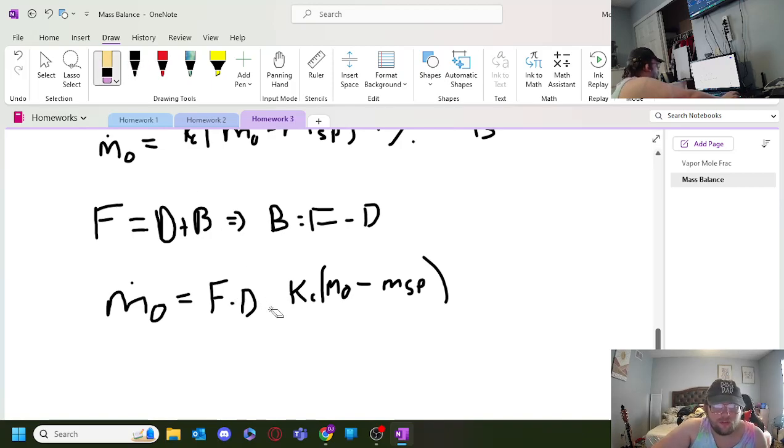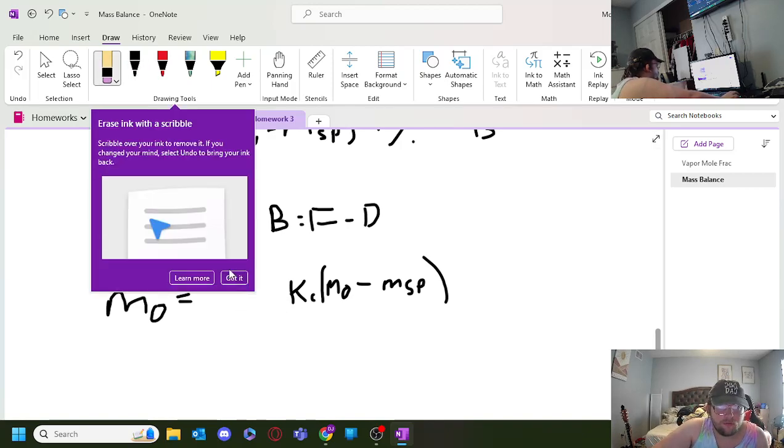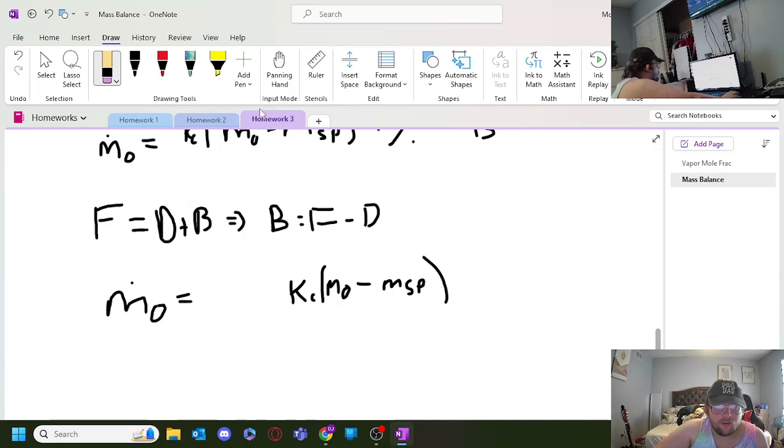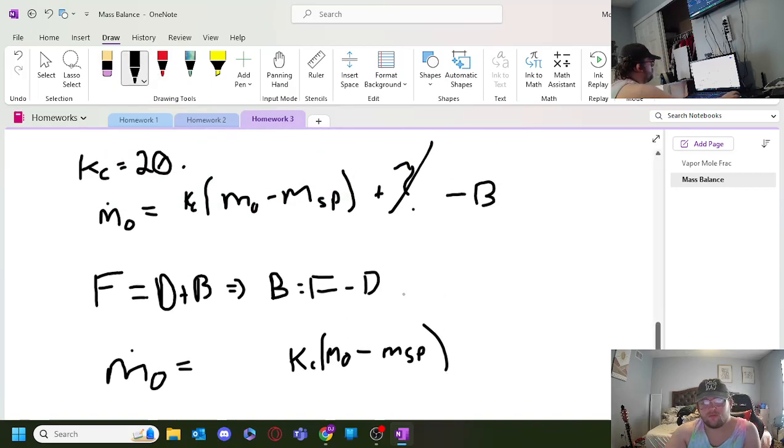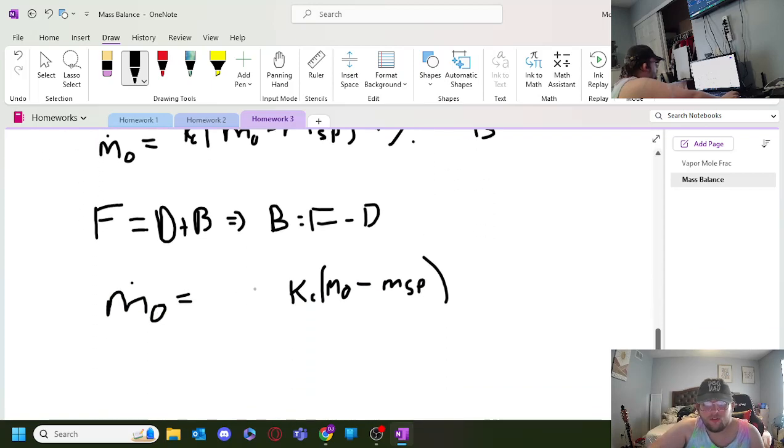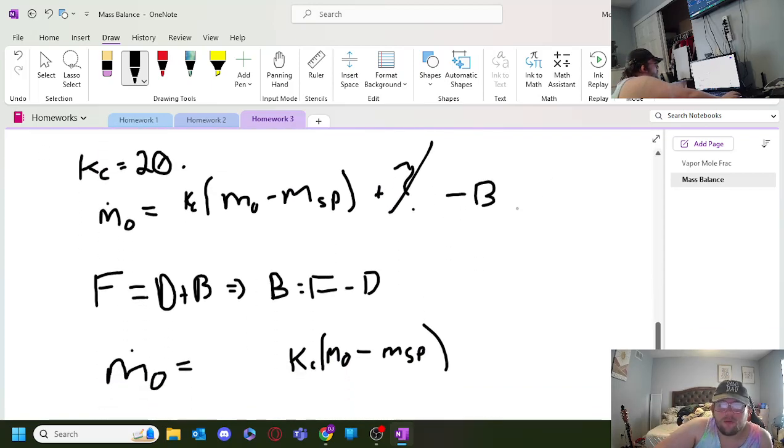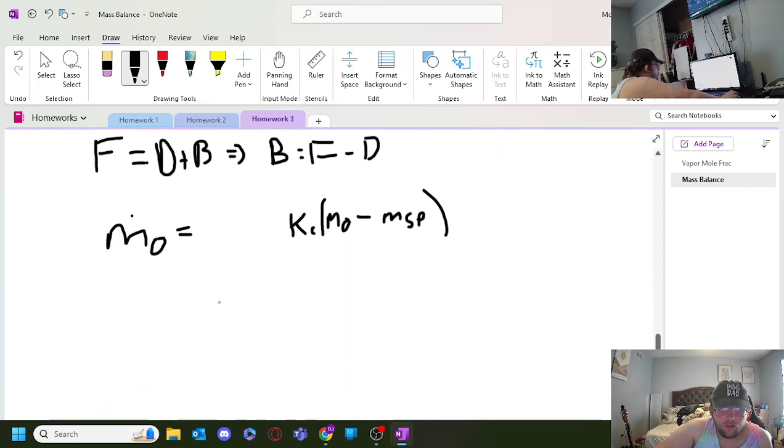So, actually, hold on. I think I screwed that up. Yeah, so since the bottoms are leaving, the distillate minus the feed. And then add the proportional gain.